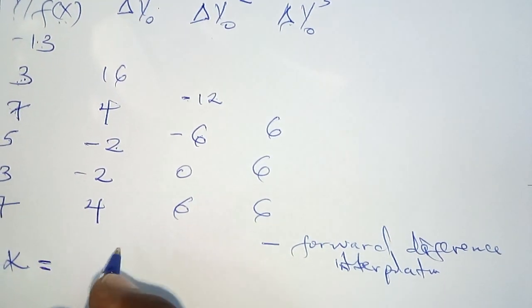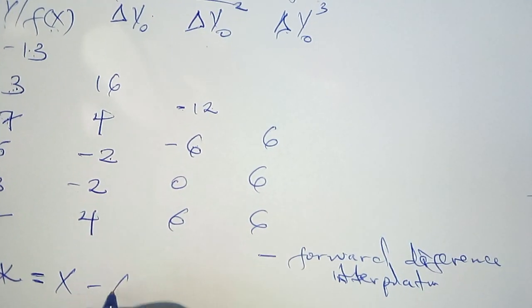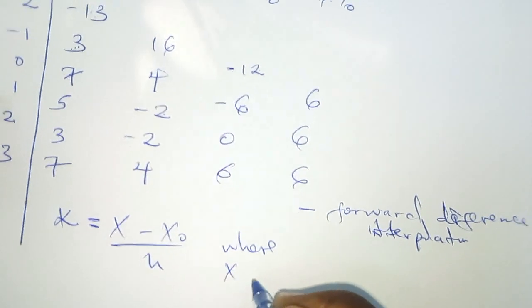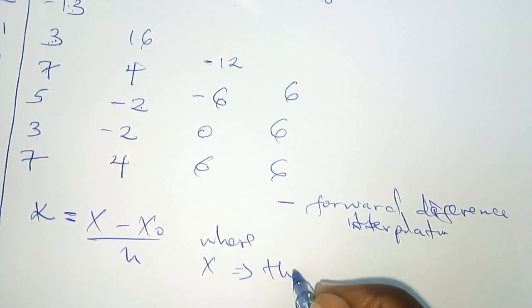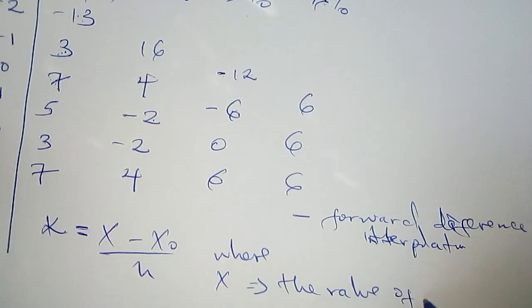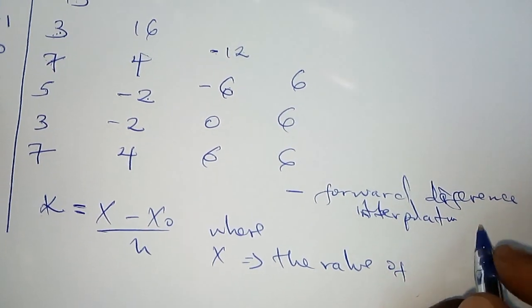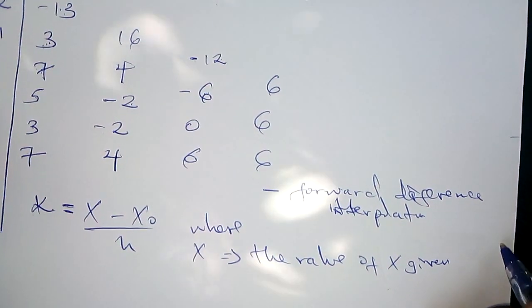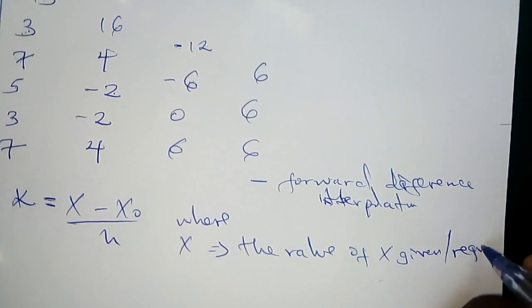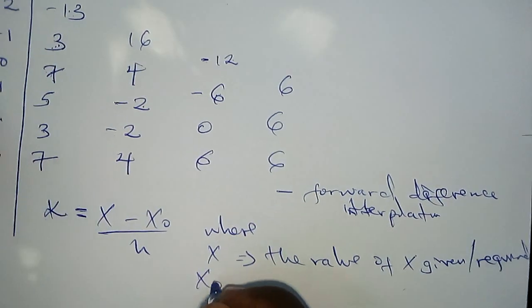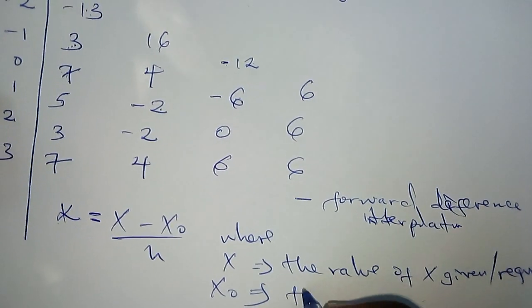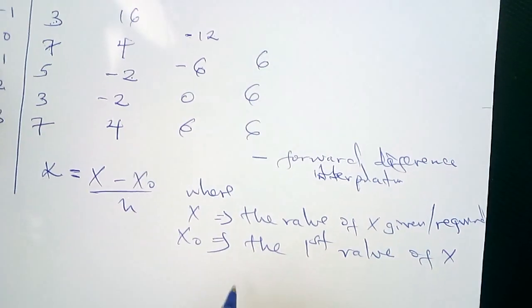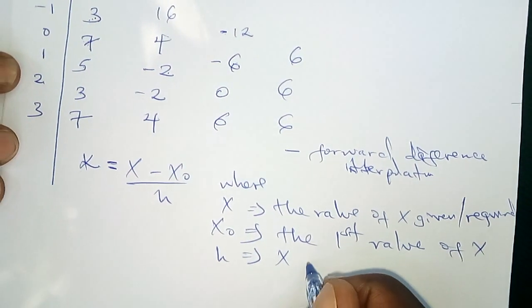K is going to be from the formula: x minus x naught, all over h, where x is the value of x given or required, x naught is the first value of x, and h is the x interval.